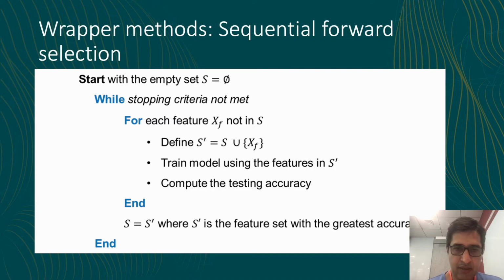You start the process with no features at all, and then find the one feature that gives you the maximum predictive performance. After having found that one feature, you add the next that, in combination with the first feature, gives you the maximum boost, and so on and so forth. And you end when you find that adding any additional feature actually degrades the model performance.